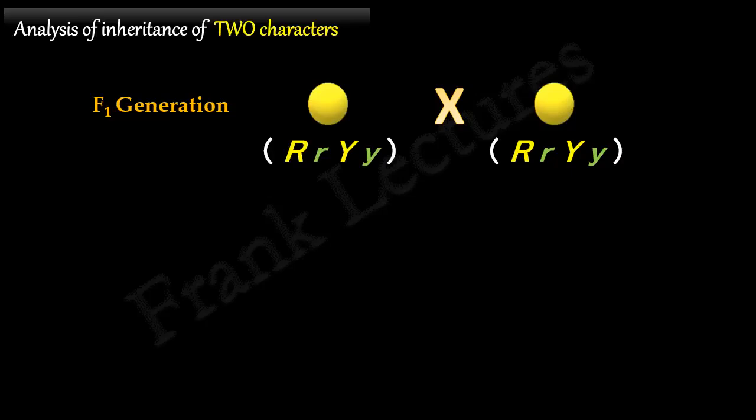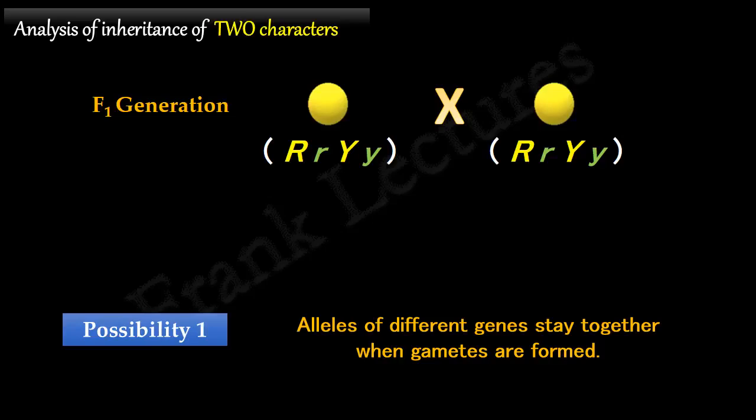Let's first predict the progeny of F2 generation separately, according to the two possibilities. The genotype of both parents in F1 generation is capital R, small r, capital Y, small y. The first possibility states that the alleles of different genes stay together when gametes are formed.